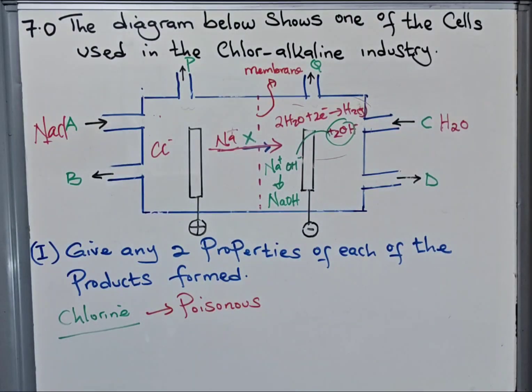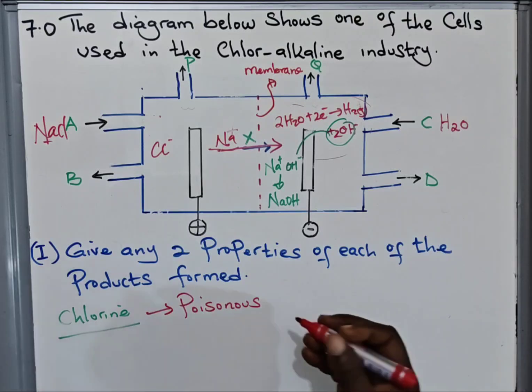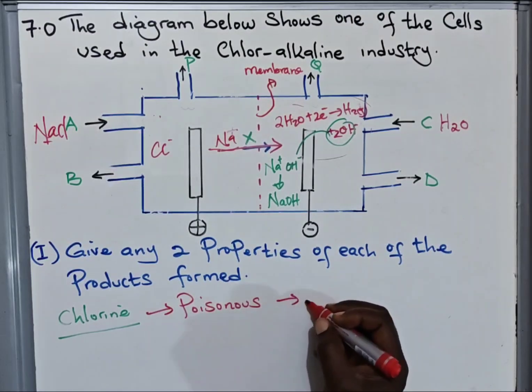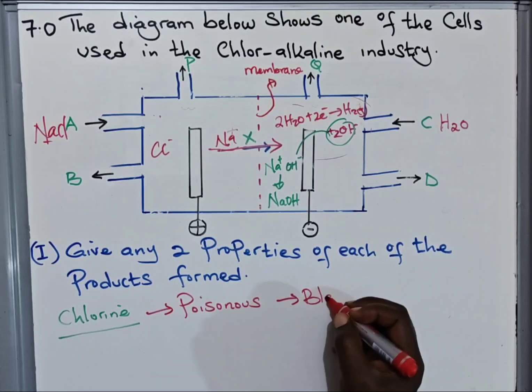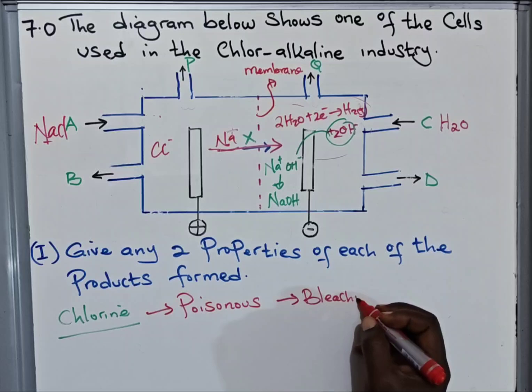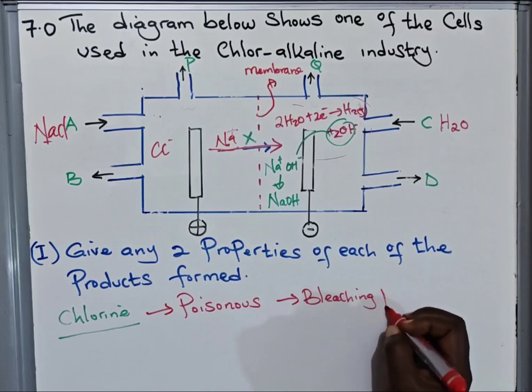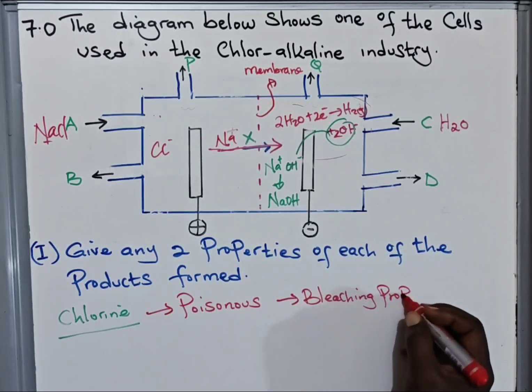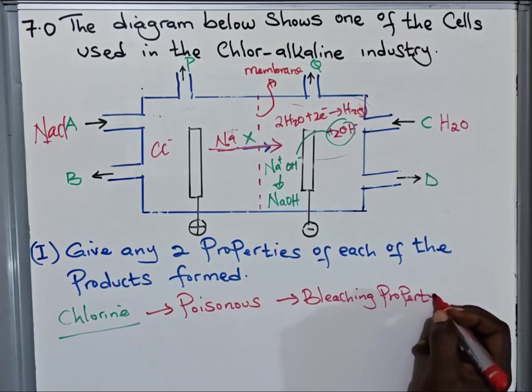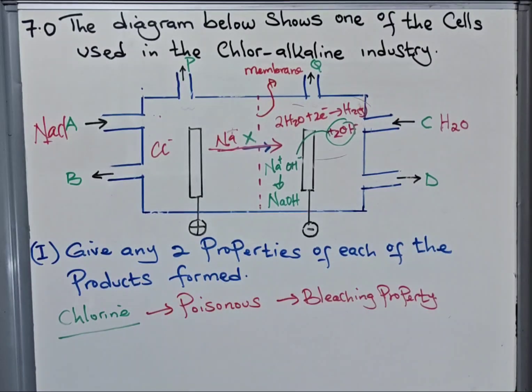That one actually explains its use as a disinfectant. Another use is the bleaching property. Yes, it has the capacity to take out color.